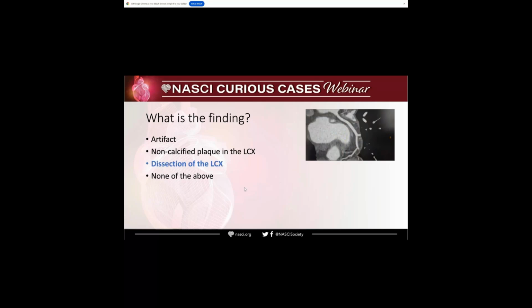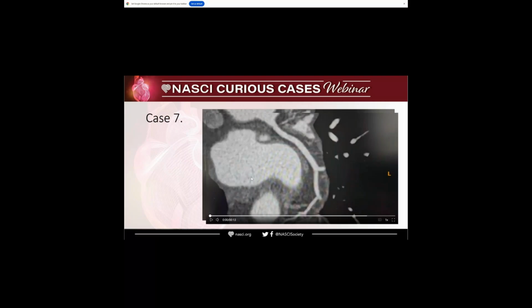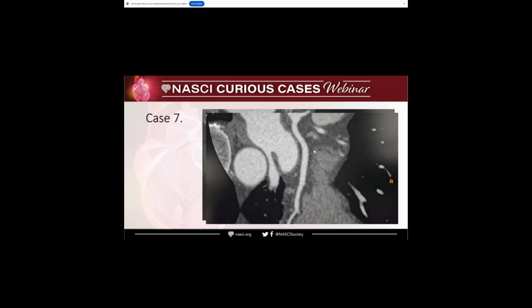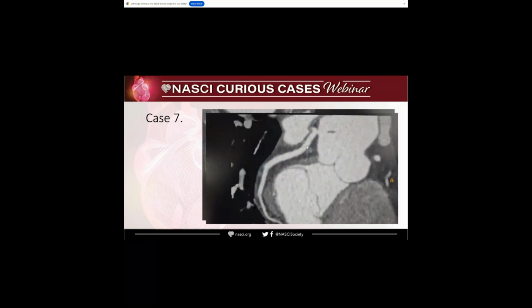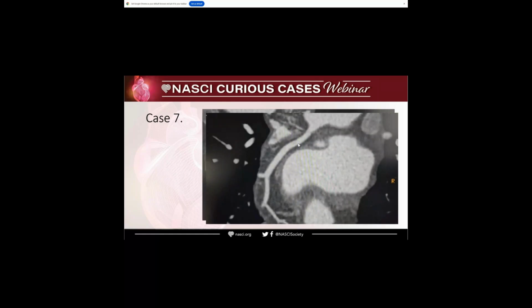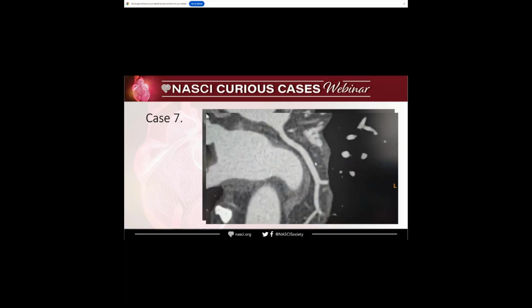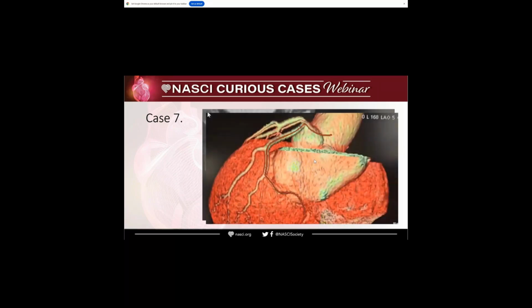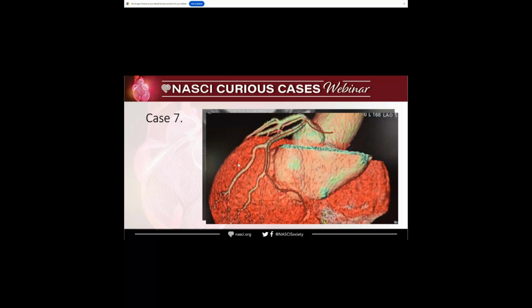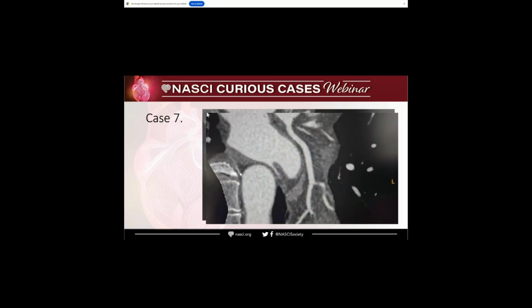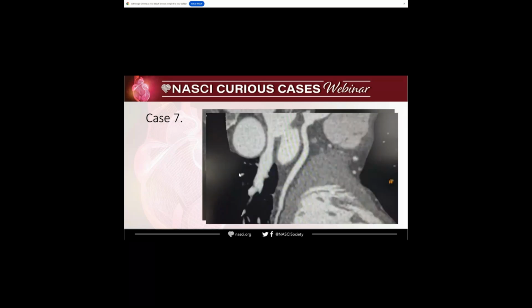If I show you in the bigger image, you can see that there's a very fine flap here. If you look carefully, this is a flap in the proximal circumflex. And as you can see, if I had to ask you, is it a young or older patient? Young. Why? No plaques or calcification.